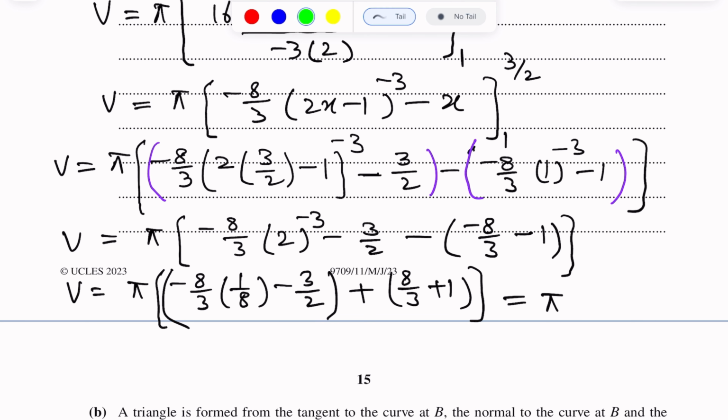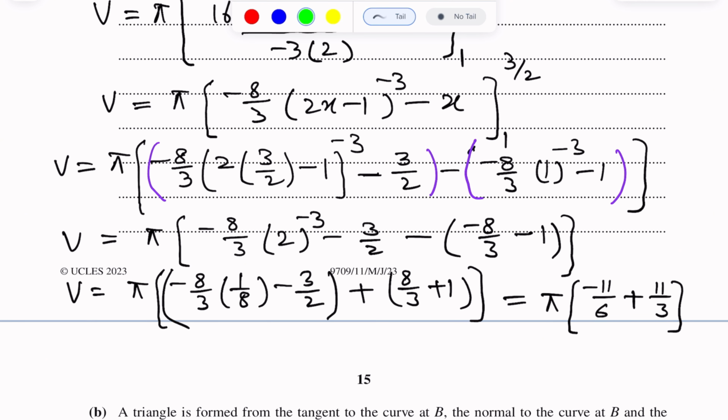We will first simplify it, writing here pi into, simplifying the first term, we will get here minus 11 over 6, and simplifying this term we get here 11 over 3.